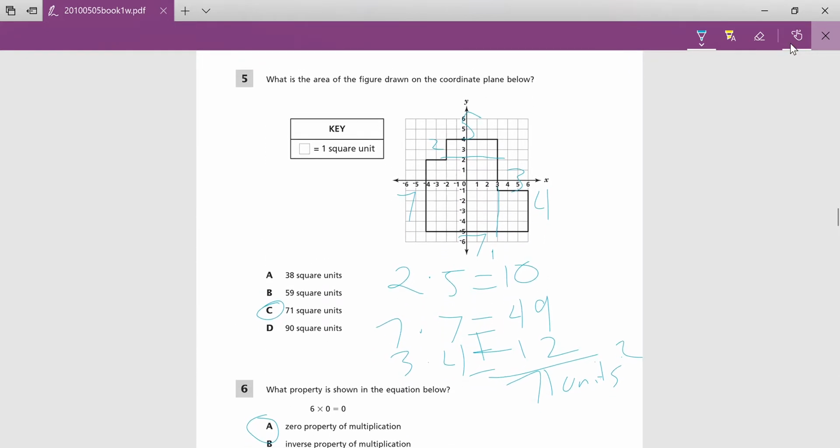What is the area of the figure drawn on the coordinate plane below?